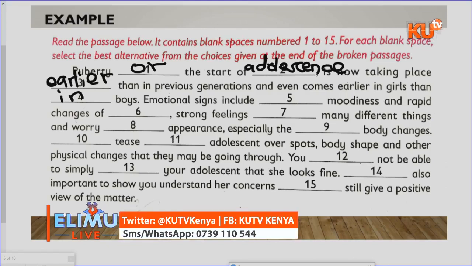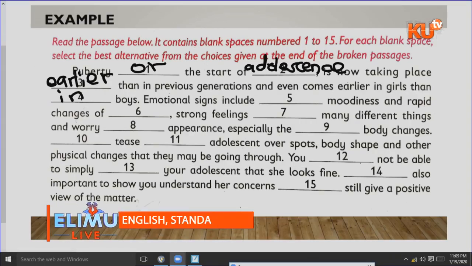And they assume that you have learned that vocabulary, and that is one of the things that they'll be testing. For example, in question 2, they are asking you the start of dash is now taking place earlier. The start of dash is now taking place earlier in girls than in boys. Emotional signs include dash moodiness and rapid changes of dash strong feelings.